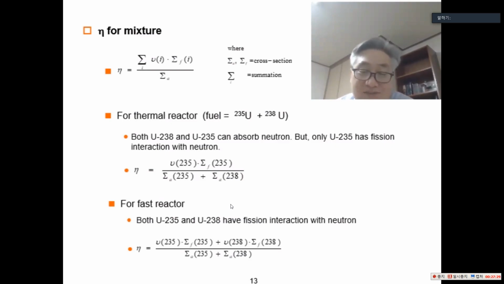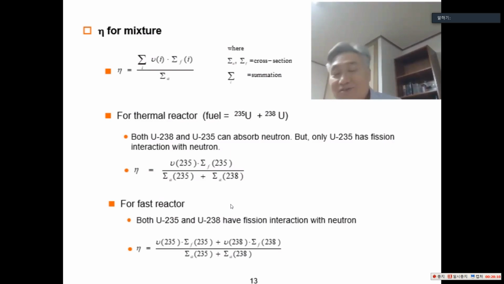But for the fast reactor, that means a fast nuclear reactor using fast neutron. So thermal neutron, do you still remember the number? 0.0253 eV. So that was thermal neutron. Normally, current nuclear reactors are using thermal neutron, but some nuclear reactors use intermediate energy neutron, or some reactors use fast neutron.